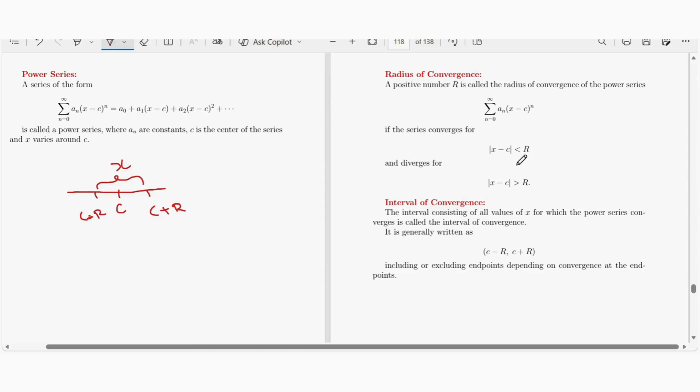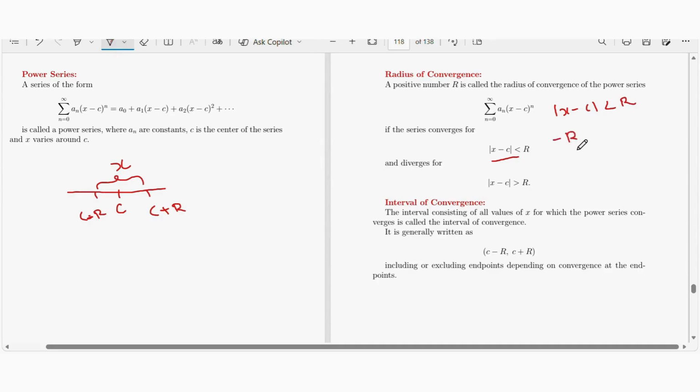So now let's discuss the definition. A positive number r is called the radius of convergence of the power series an x minus c raised to n if the series converges for mod x minus c less than r. Okay. Now mod x minus c less than r, so what we can write?